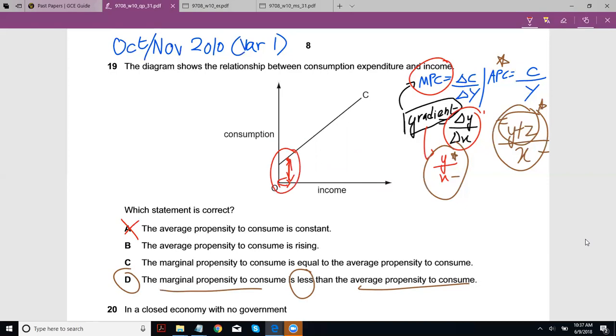So here your APC would be large. As you go along the line, at some point here it would not be as much, because then this head start that consumption gets from the intercept wouldn't necessarily be very significant anymore.